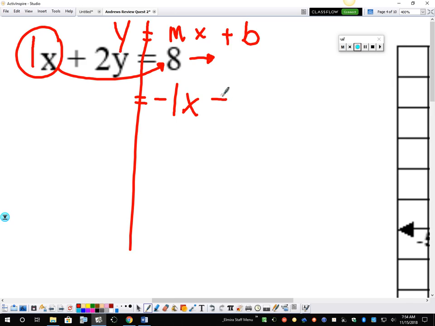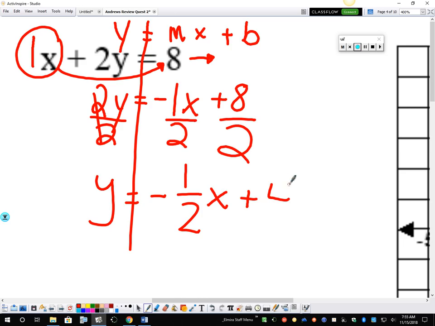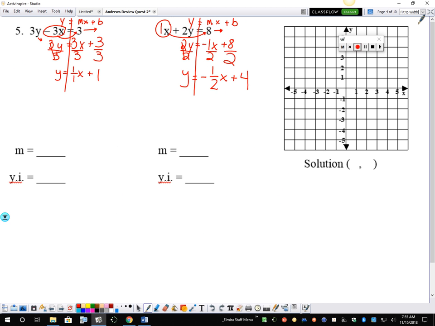And the positive 8 will just move over. The 2y will come down. Then I will divide everything by 2. And y equals -1/2 x plus 4. Okay, so now that I have both equations in y equals mx plus b form, I'm ready to start graphing.